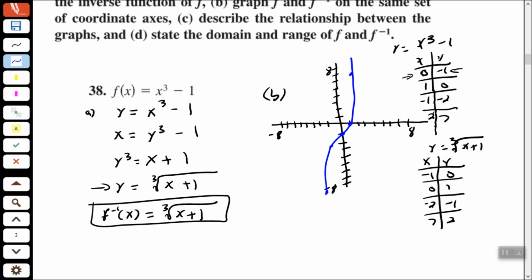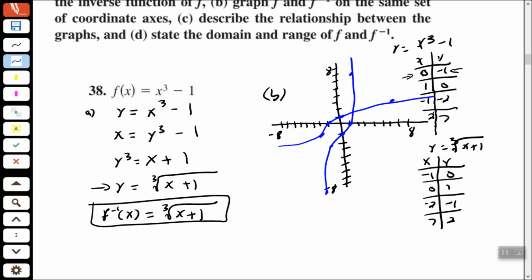Okay, so -1, 0, 0, 1, -2, -1, and 7, 2. And you get something like that.